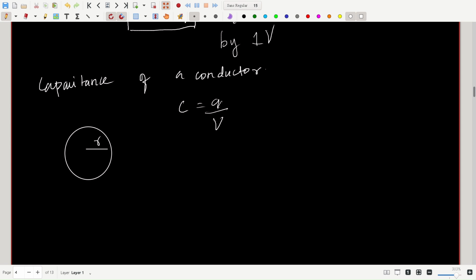From the equation, C is equal to Q by V. In order to calculate the capacitance, first we should write the formula for potential.